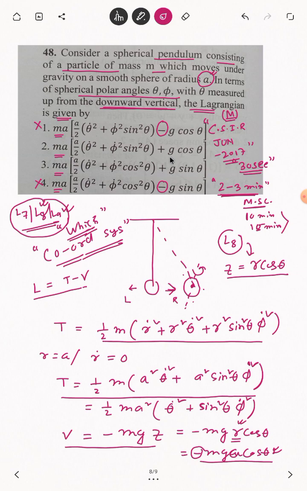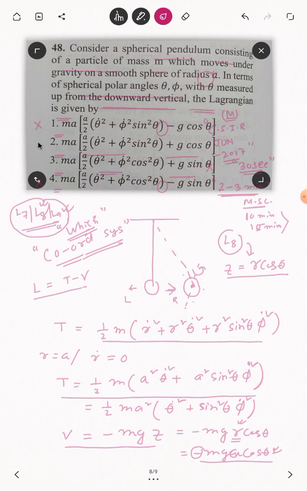Now the question comes whether it will be g cos theta or g sin theta. Is there any need to calculate these two portions? We will say no, because we have already seen that here is mga cos theta. So the sin theta option is also eliminated. So the answer will clearly be option 2.